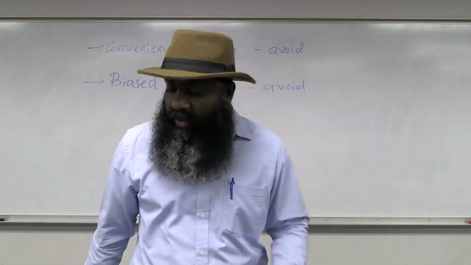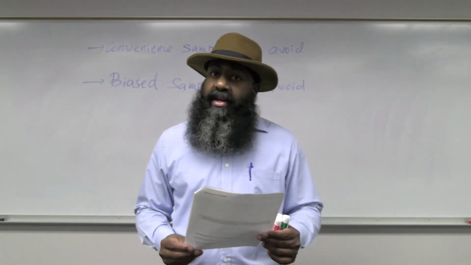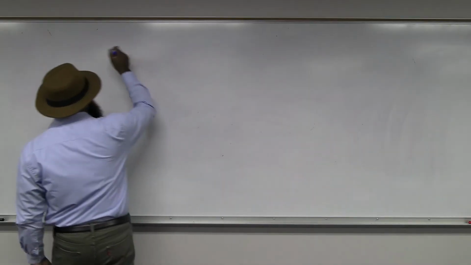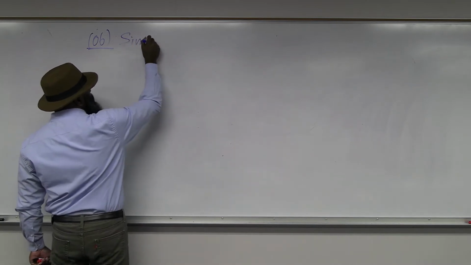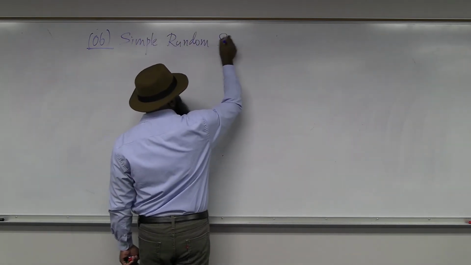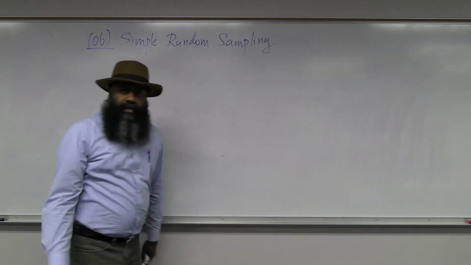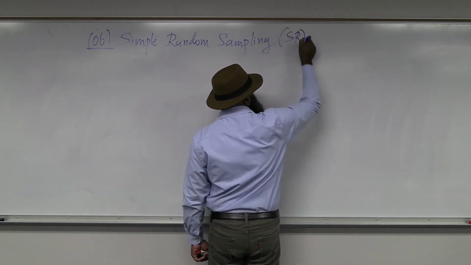All right, let's move on to the next point, simple random sampling, abbreviated SRS. This is given under point number 6. Point number 6, simple random sampling. This is abbreviated SRS.